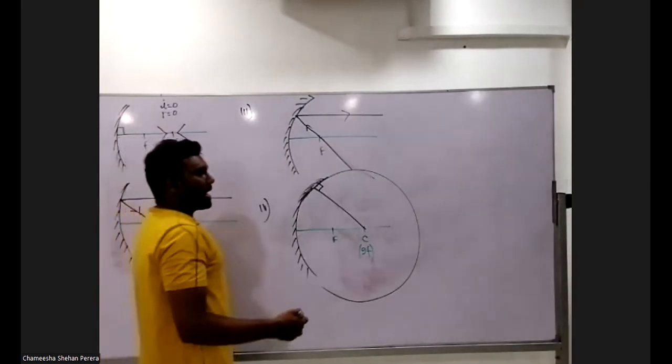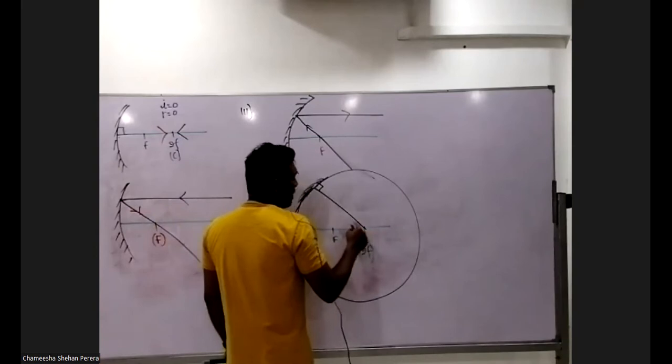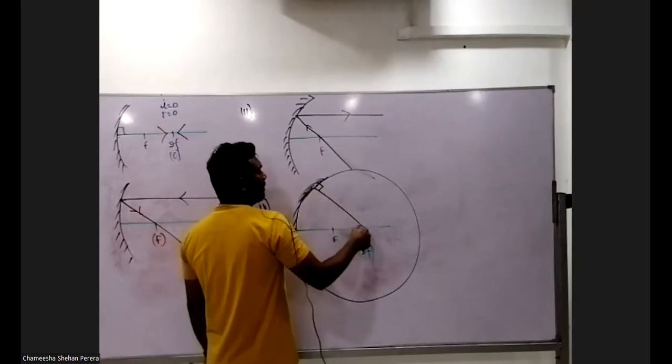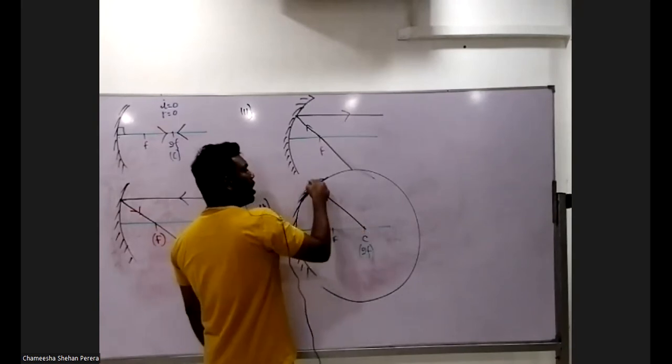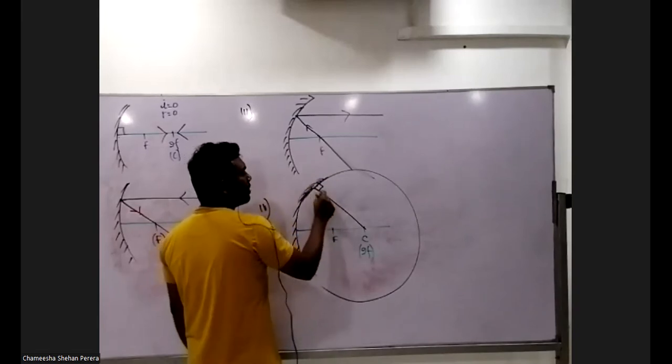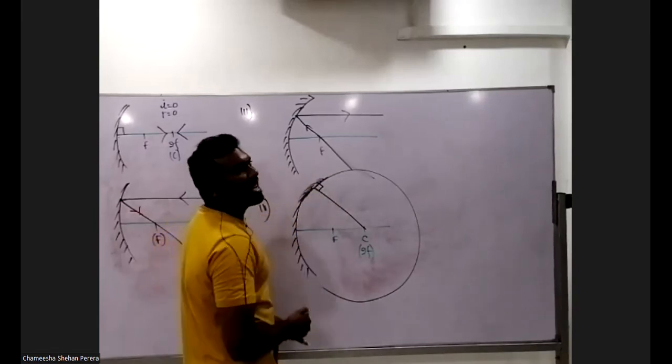Now what they say is, if you draw a line from C, the center of curvature, to the surface of the mirror, the mirror surface will be touched by this line at a 90-degree angle.